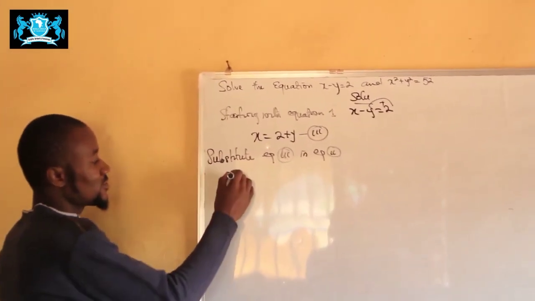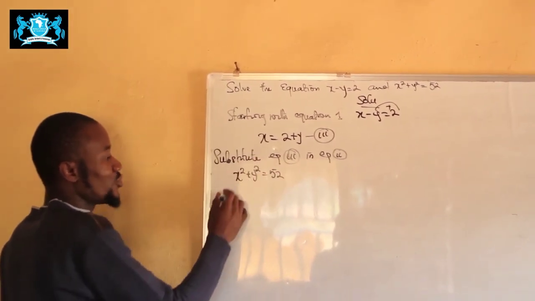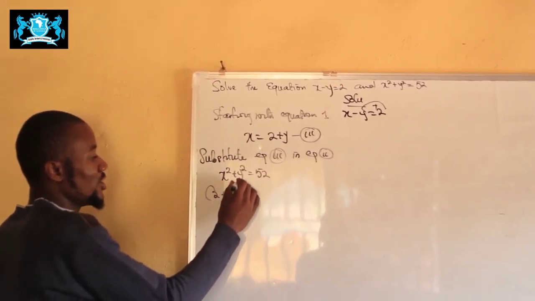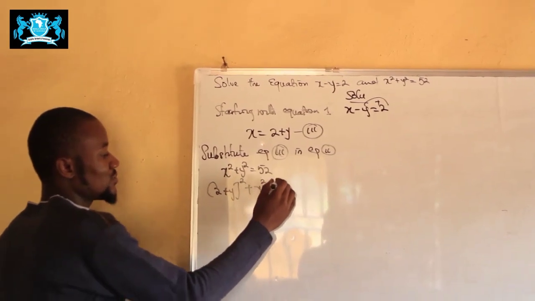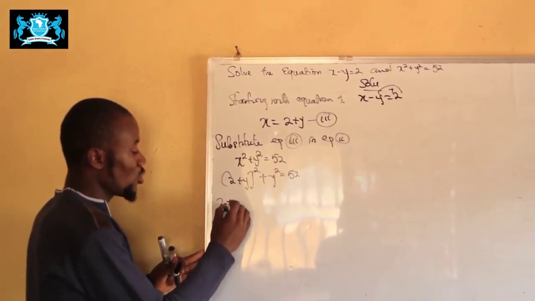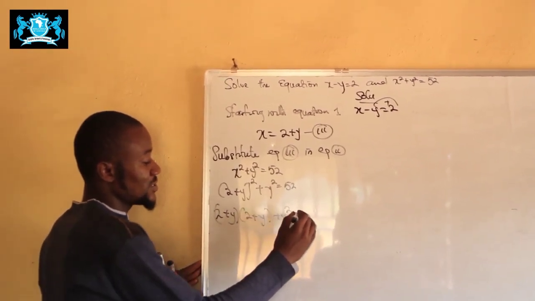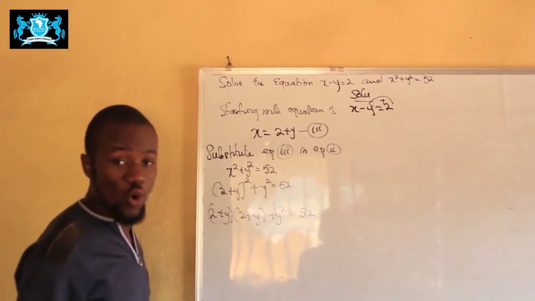So we have x squared plus y squared is equals to 52. So x now, you now replace it with 2 plus y, all squared, plus y squared is equals to 52. Now, this thing now means 2 plus y times 2 plus y, plus y squared is equals to 52. So open the brackets.